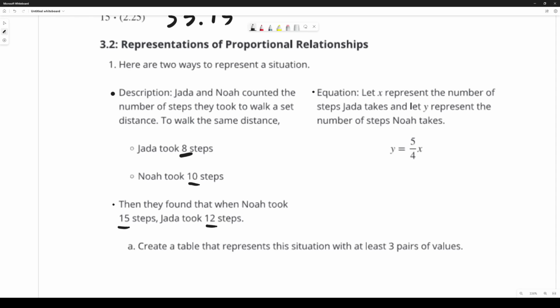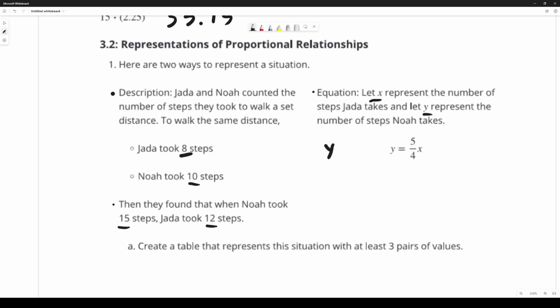A second way to represent that is with an equation. So we're going to let x represent the number of steps that Jada takes, and we're going to let y represent the number of steps that Noah takes. So there's a couple different equations we could use here. They're going to use y equals 5/4 x. Let's just make sure we understand how they got that. So remember, our question is always for each x, how many y's?